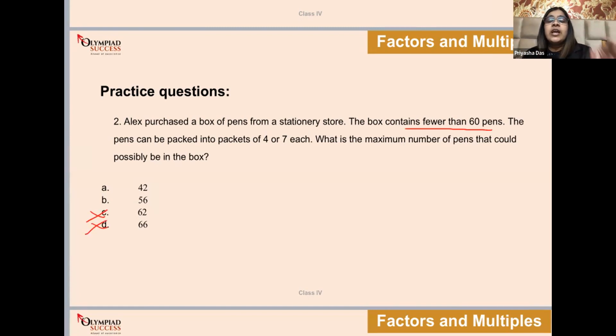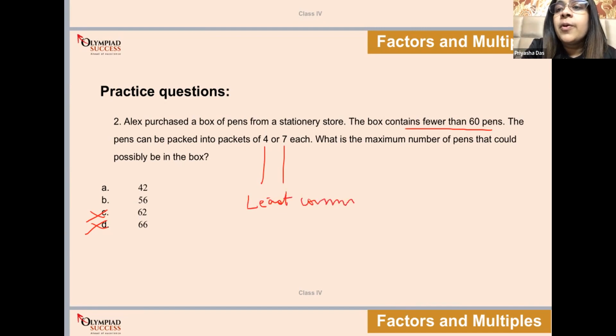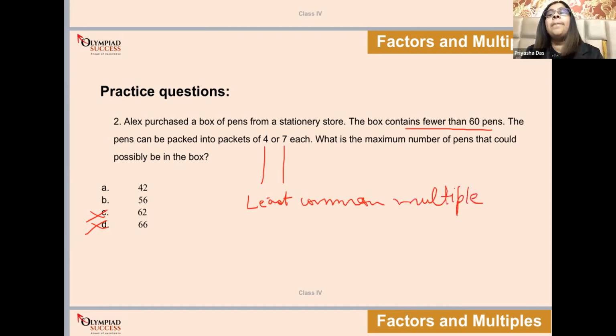No need to worry. Now you will only do one thing. Yes, Siddeshwar. Correct. You will take 4, you will take 7. Your packs have to be a number which is the least common multiple. That means LCM. Why are we using LCM?